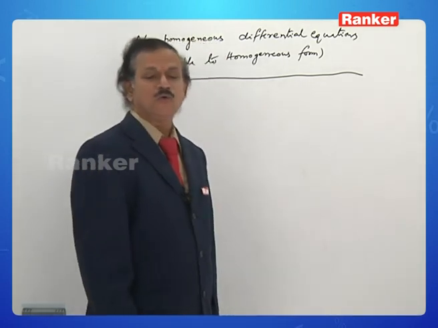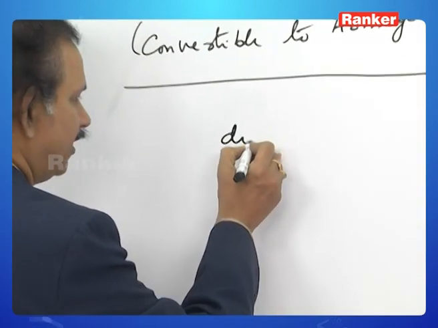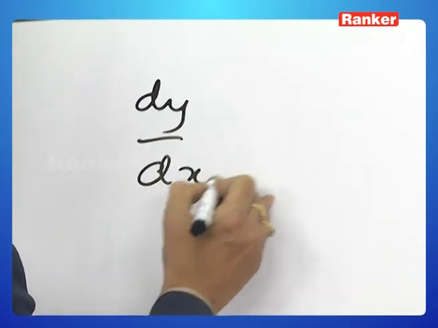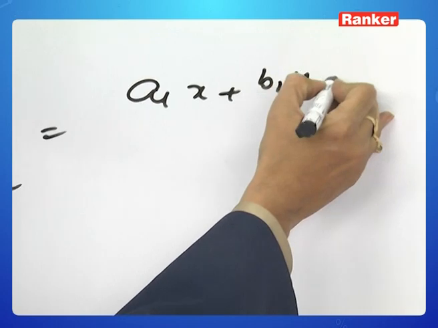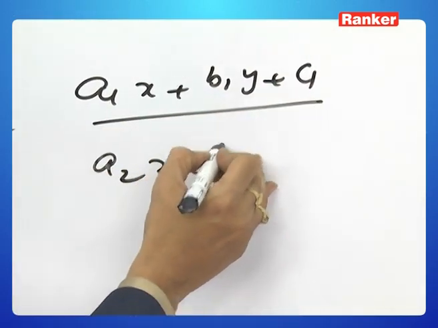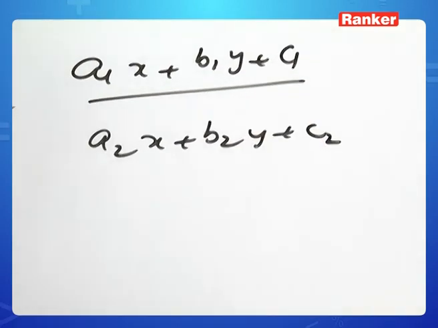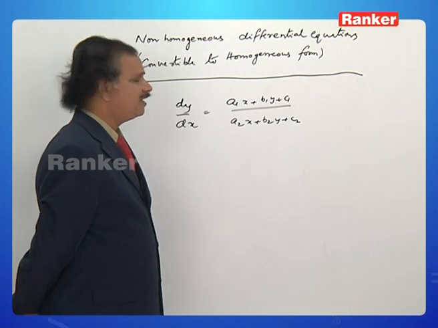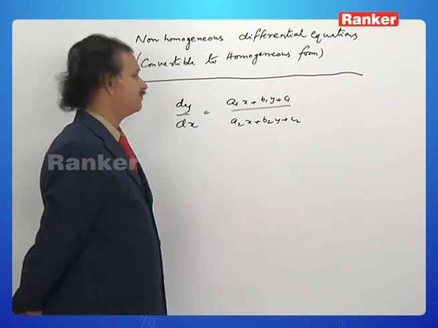Let us understand what is the standard shape. You please observe the equation. dy by dx is equal to (a1x plus b1y plus c1) by (a2x plus b2y plus c2). See, if c1 and c2 are not present there, then it becomes homogeneous.